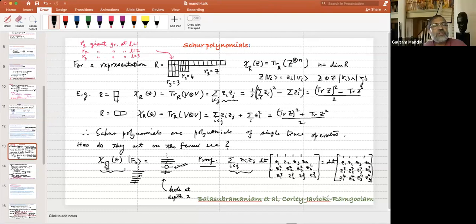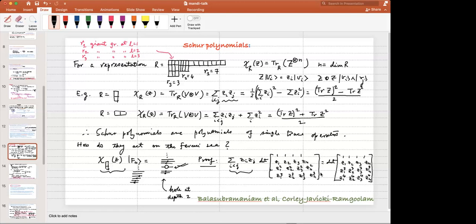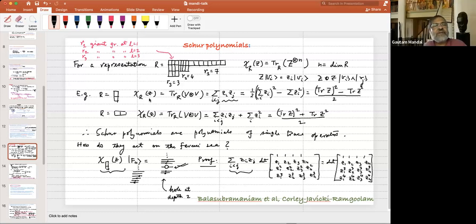So you have a single giant graviton with angular momentum L given by an L antisymmetric tensor representation. And in this example, L is equal to 2. You can explicitly find that this chi box like that of Z is given by this.